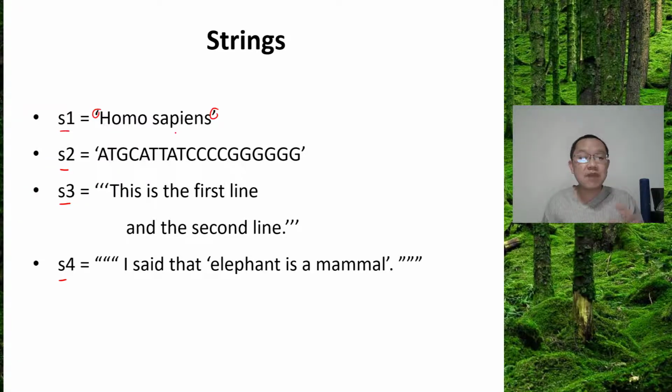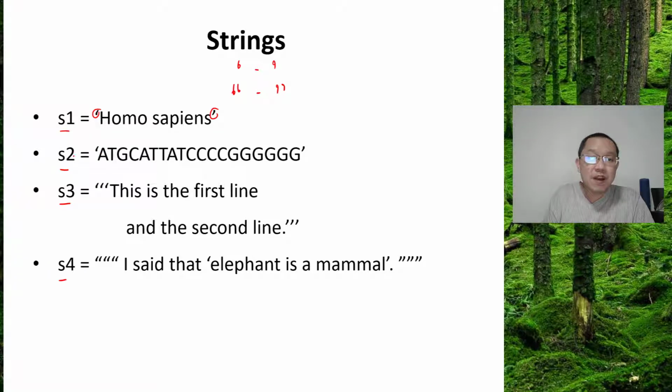A string can be wrapped within single quotation or double quotation. So this is called double quotation. This is called single quotation. You can use either double or single quotation. In the S1 variable, we use single quotation to contain the string Homo sapiens.